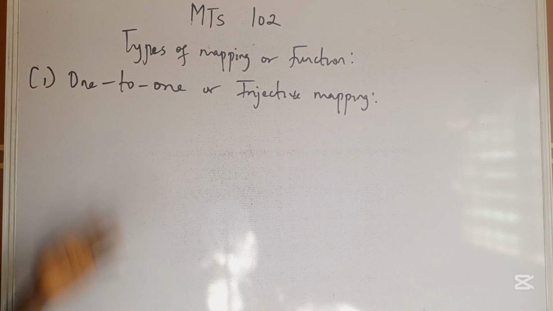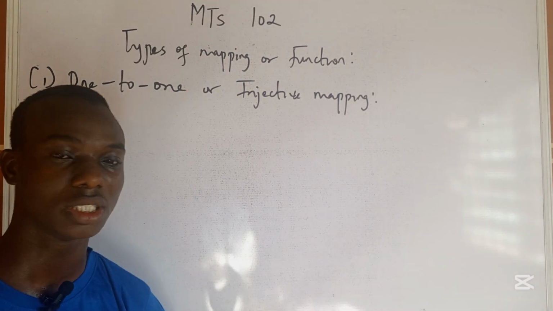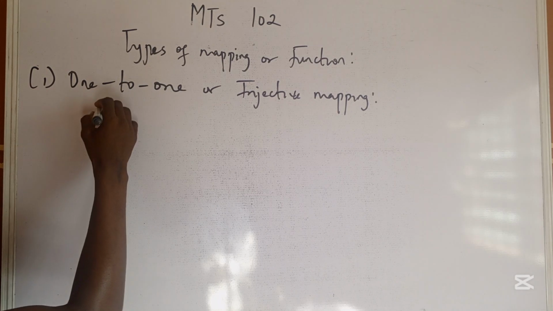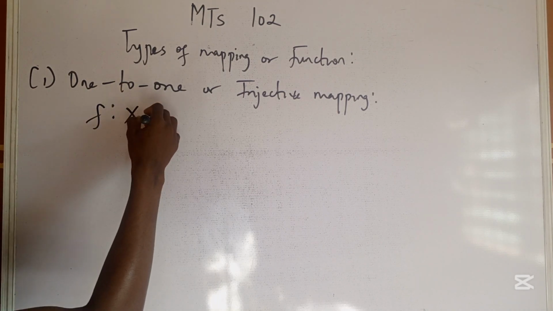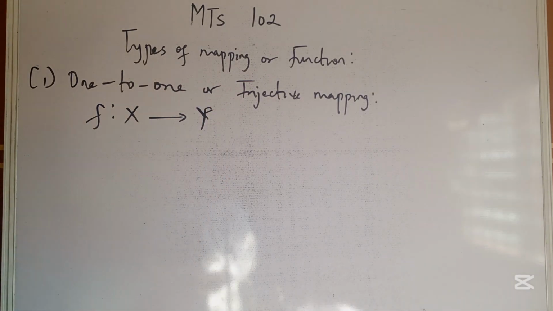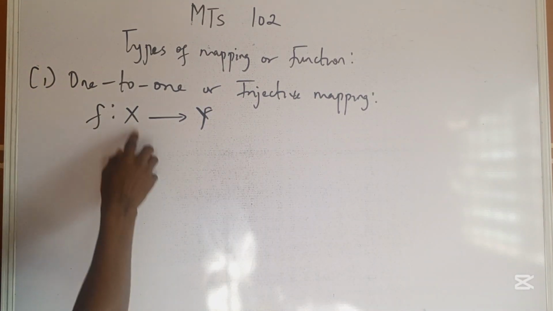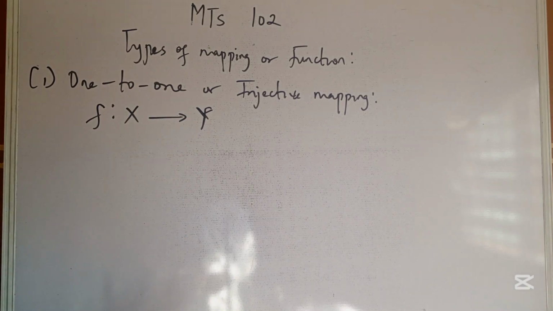Looking at the name one-to-one, what does one-to-one mean? This is just the concept of it. Let's have a function or a map from x to y. We explained in the last class that if you have a map from x to y, x is the domain, y is the codomain.